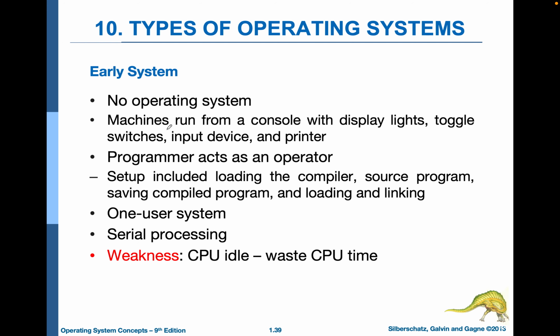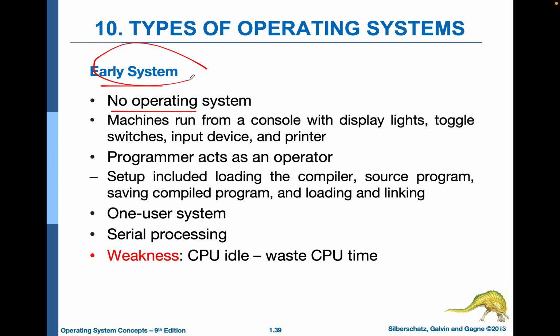Okay, we move to the next, which is types of operating system. Normally we're going to move one by one. We look into the early system, before which there is no operating system. Last time I mentioned that you might come out with a new computer without an operating system, but last time it already had one.